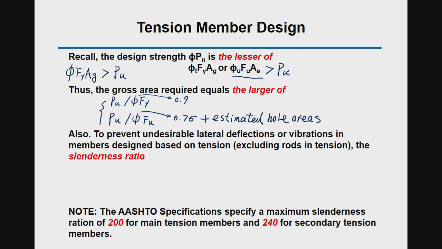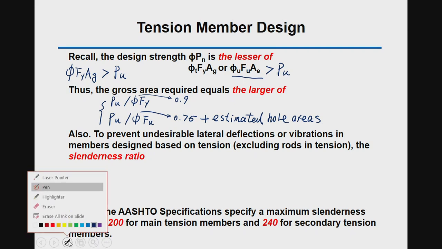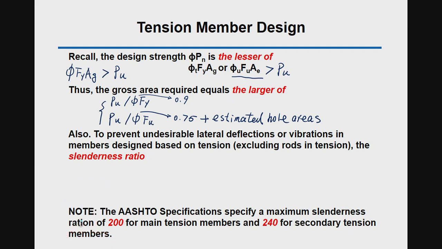Because from this equation, we get Ae must be greater than Pu divided by phi Fu, and Ae can be approximately equal to Ag minus the hole area.